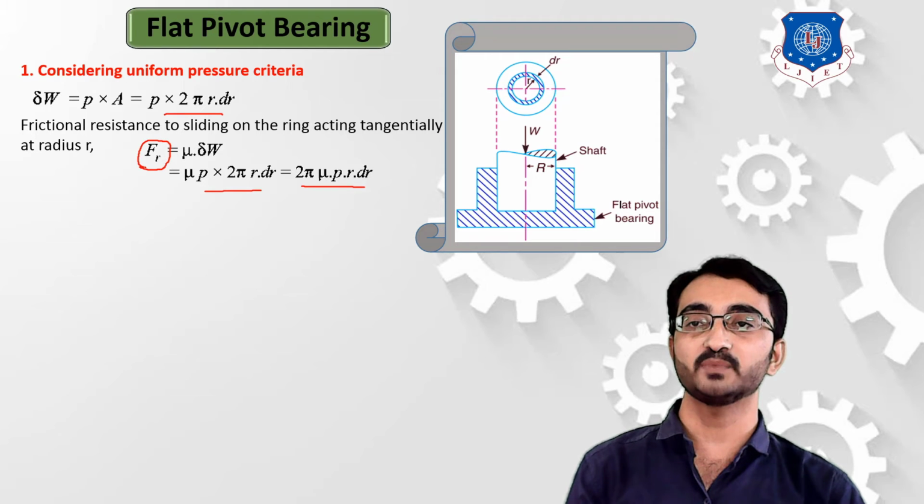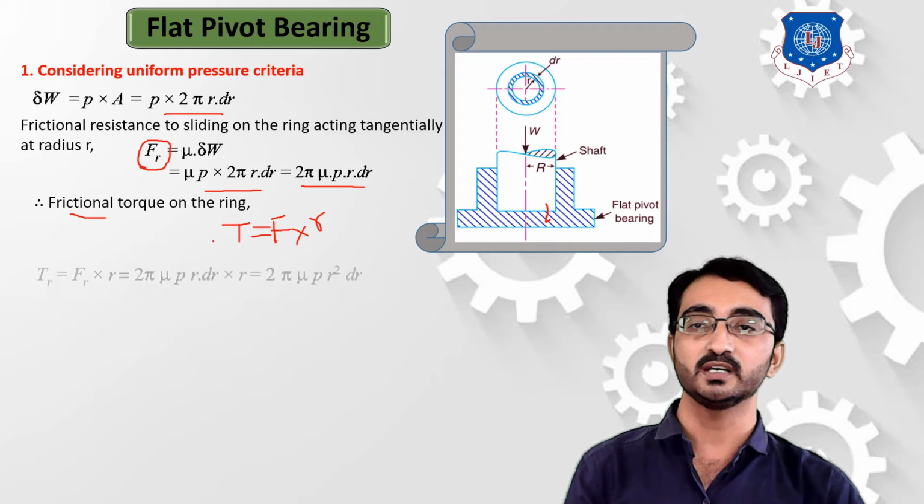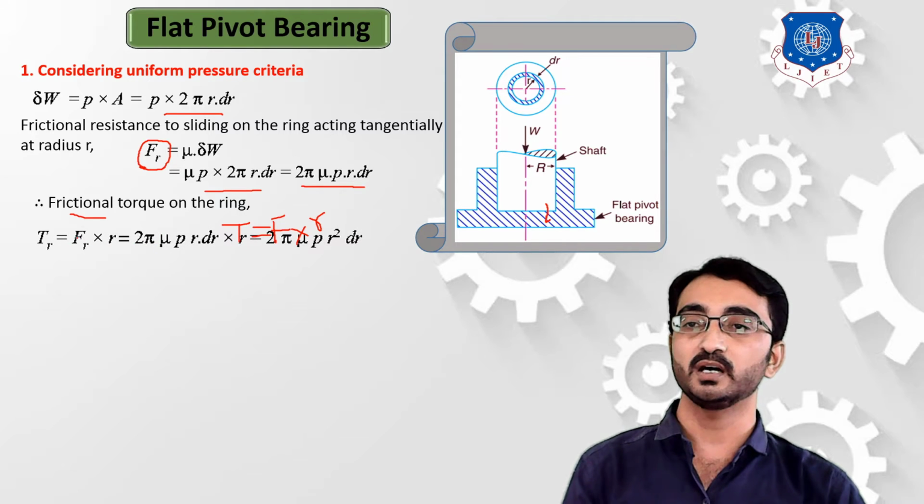Now with the help of this frictional resistance we can calculate the frictional torque. The frictional torque, or the torque which is developed between these two bodies, follows a simple equation, that is torque is equal to force into radius. So we write the equation of torque Tr is equal to Fr into r.